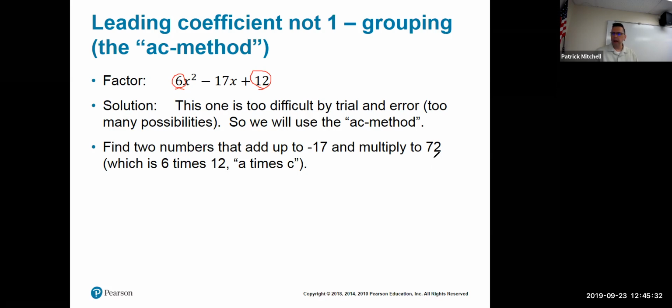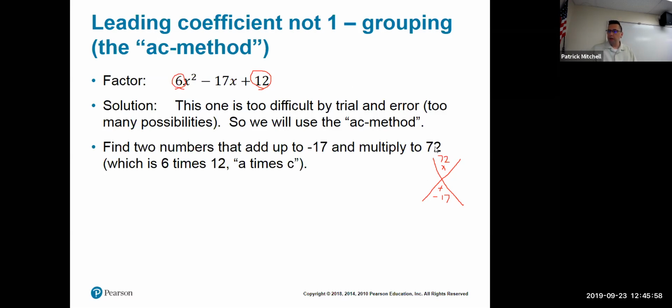And by the way, it's sort of traditional for some reason that when they do this kind of problem, they make this little diagram where at the bottom they write plus -17, and then on top they write times 72. I don't know how much that really helps, but I see a lot of people do it.